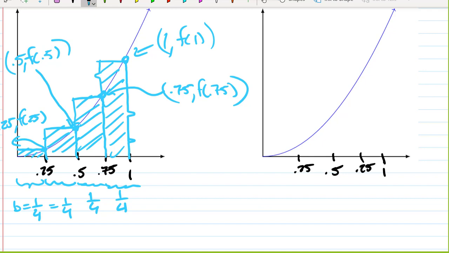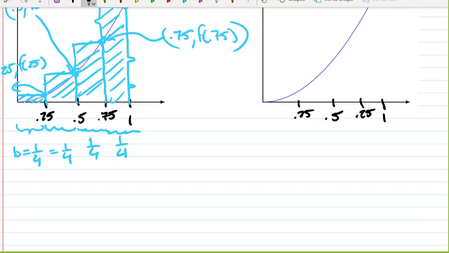So then each of these rectangles has width 1/4. So the area of my first rectangle, if I were to call this A1, A2, A3, and A4, is going to be 1/4 times f of 0.25.